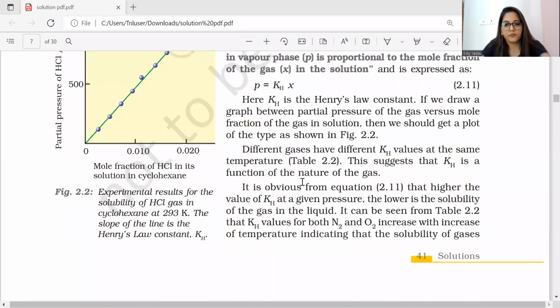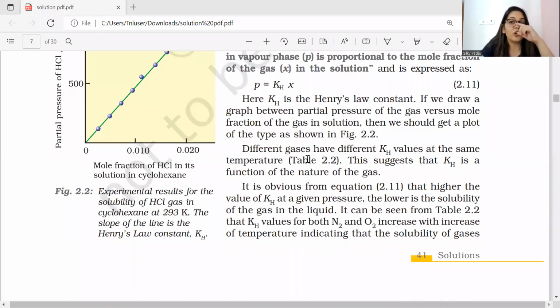Now, one very important thing: let's say if I say to you all that this is for oxygen and this is for nitrogen gas. Now I'm saying that the pressure on both of them is the same.